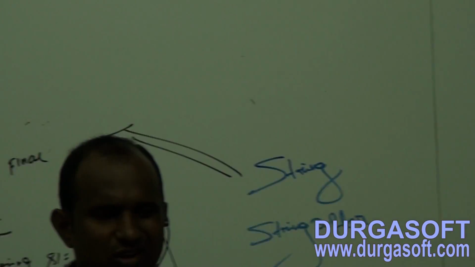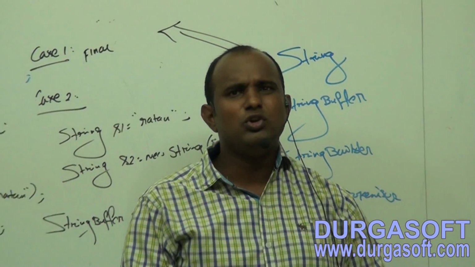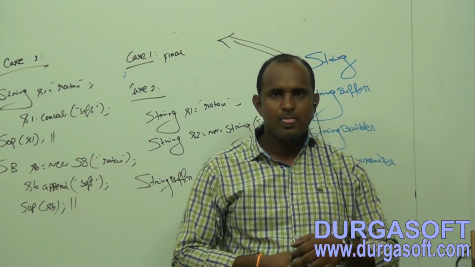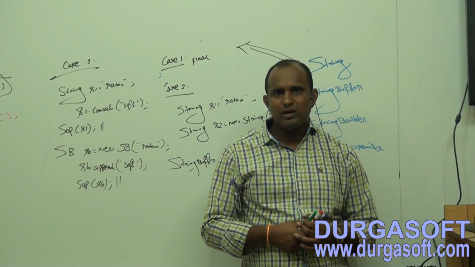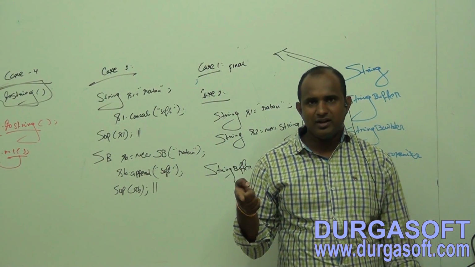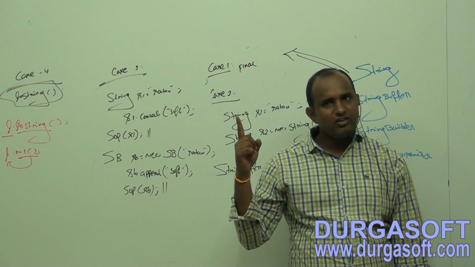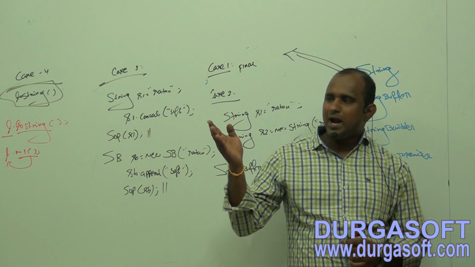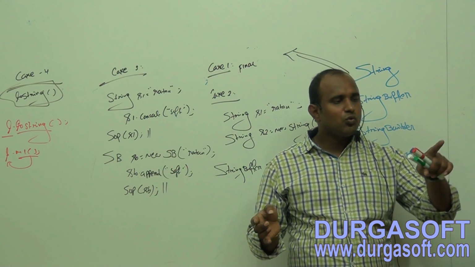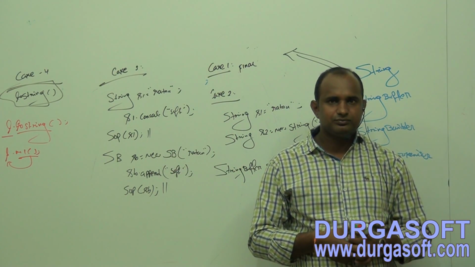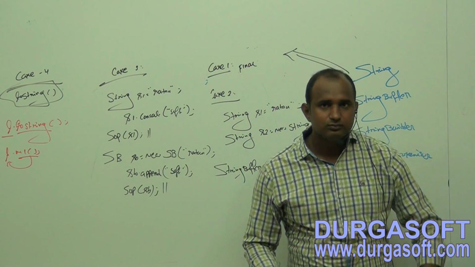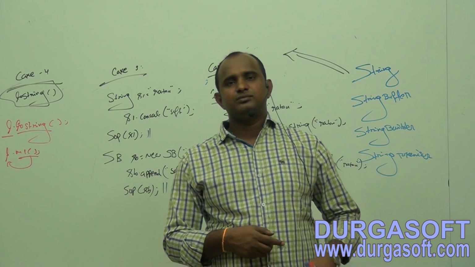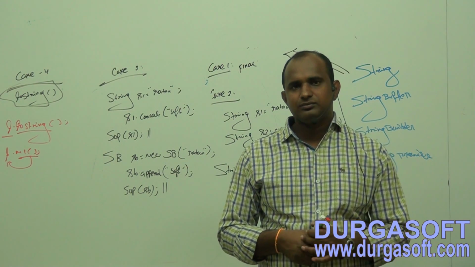So clear? Now concentrate, what do you mean by hash code? I hope everyone knows hash code, right? Hash code means the unique identification number of an object. For example, every employee contains an employee ID, right? Every employee contains an employee ID to identify the employees uniquely. Every object contains a hash code to identify the objects uniquely. Hash code is a hexadecimal number.